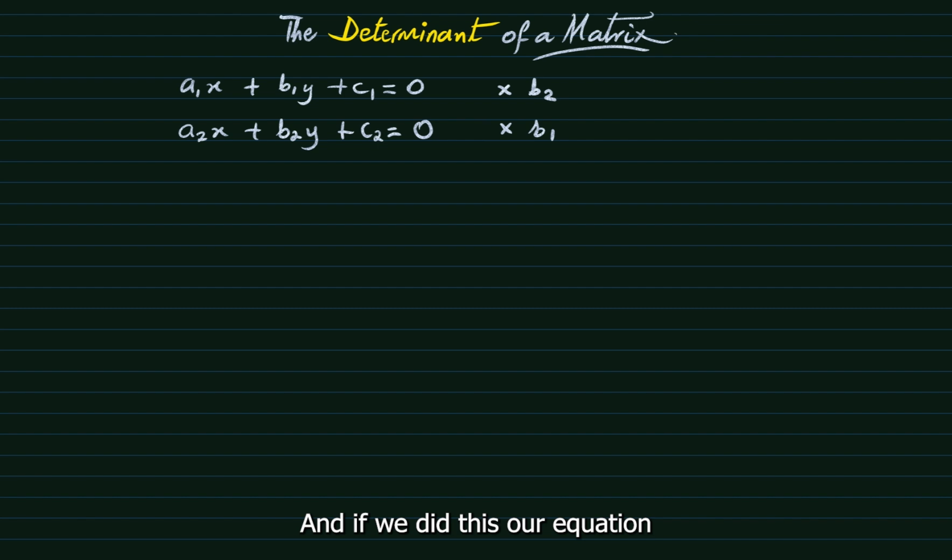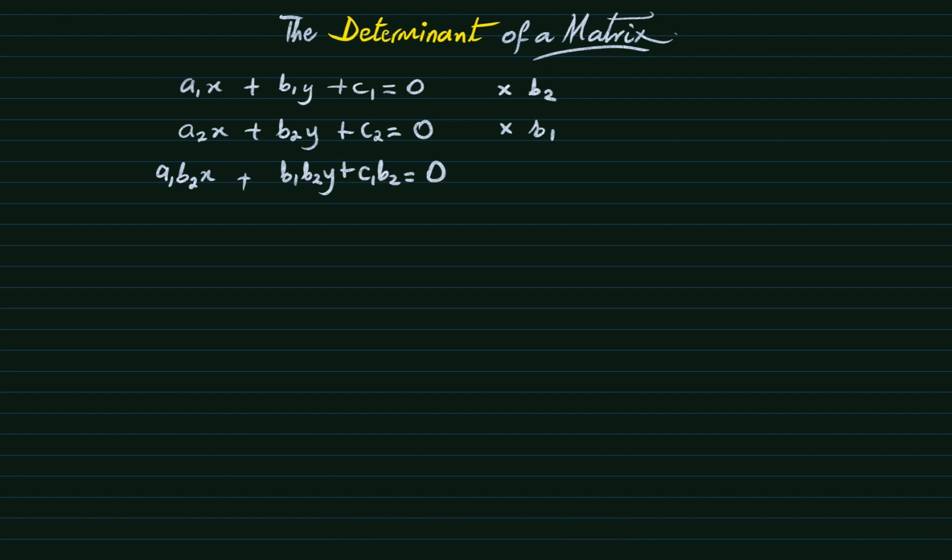And if we did this, the first equation will become a1 b2 x plus b1 b2 y plus c1 b2 equals 0. And the second one will become a2 b1 x plus b1 b2 y plus c2 b1 equals 0.